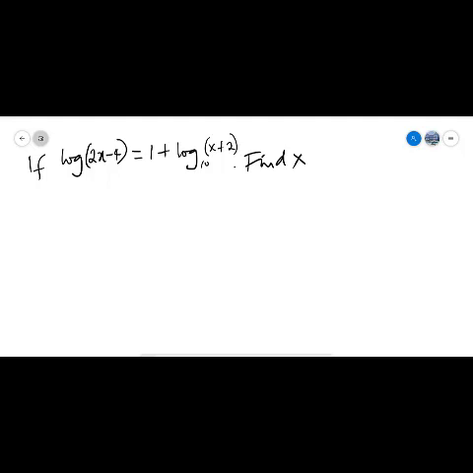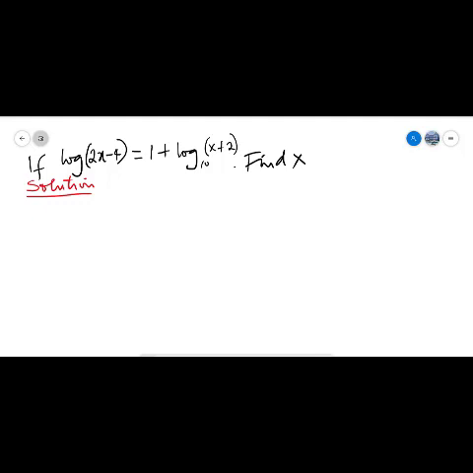Okay, to find x, remember we're already familiar with questions like this. Let's collect like terms here.